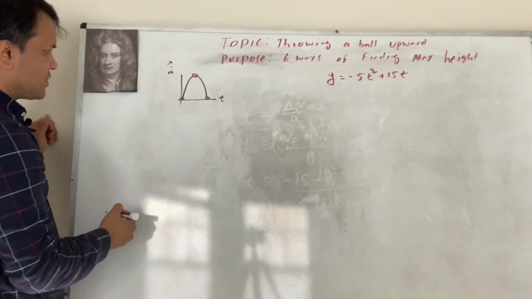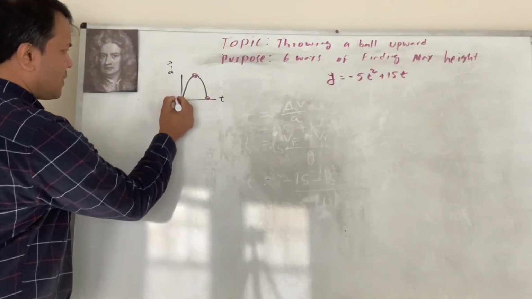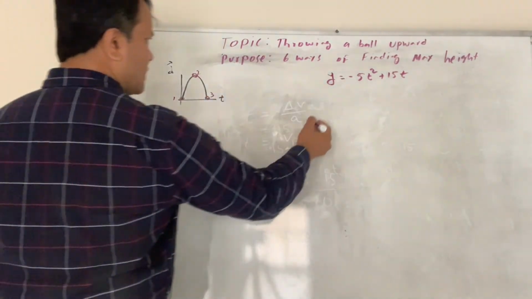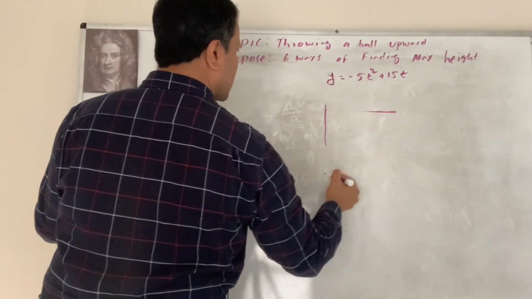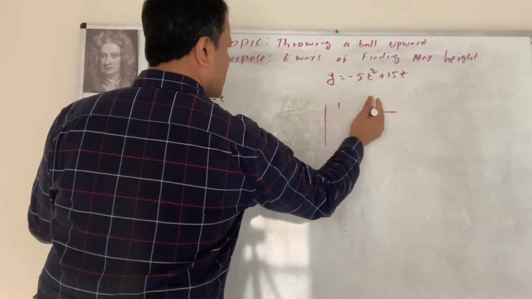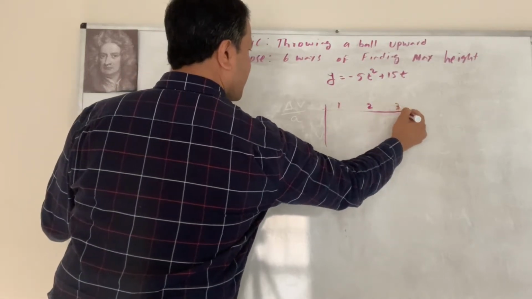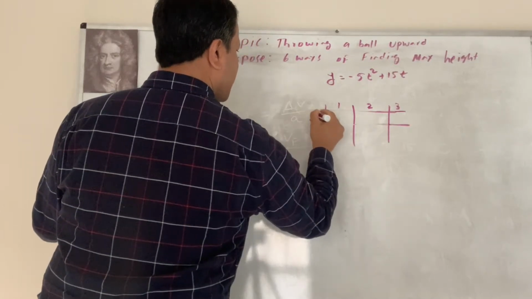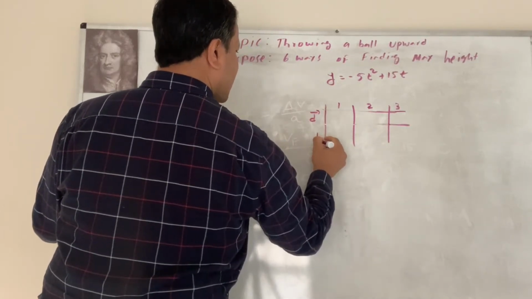So this is what is going on. I'm going to call location 1, location 2, and location 3. I'm going to find the displacement at every location, and I'm going to find the distance at every location.